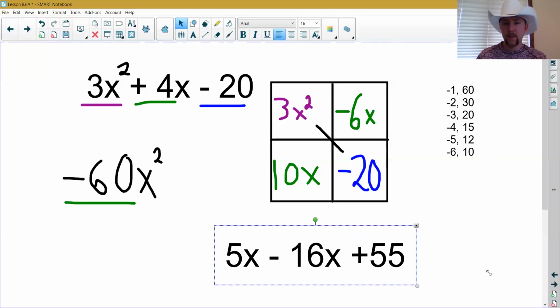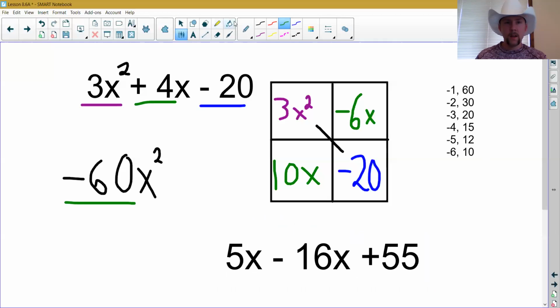Okay, so if you had this polynomial, you guys, and you were looking to fill in a window, because this piece is negative, but this end piece is positive, they're going to have to multiply to a positive number and add to be a negative number.